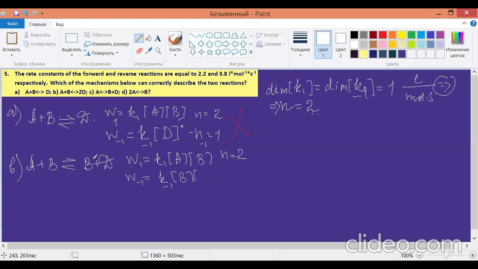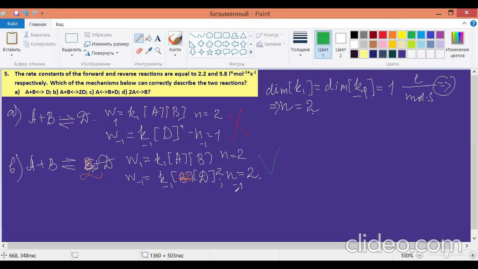That's double D, yeah? No, double D. It's 2D. For that reason, k sub minus 1 times the concentration of D squared, yeah, because of this coefficient 2, and that means that n sub minus 1 is equal to 2, and it's okay.